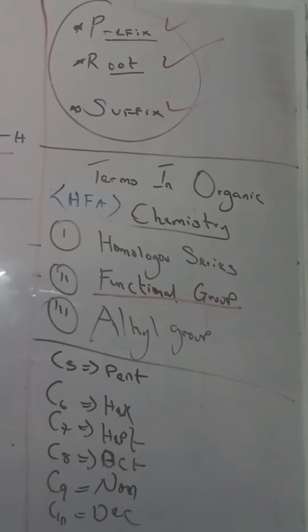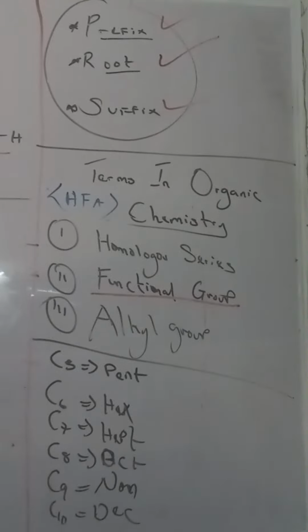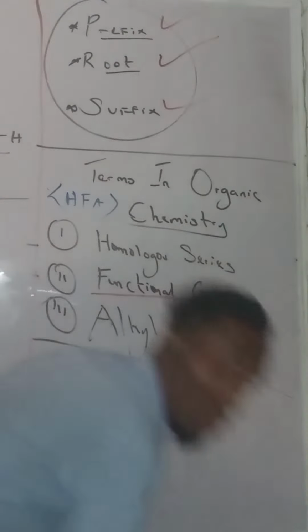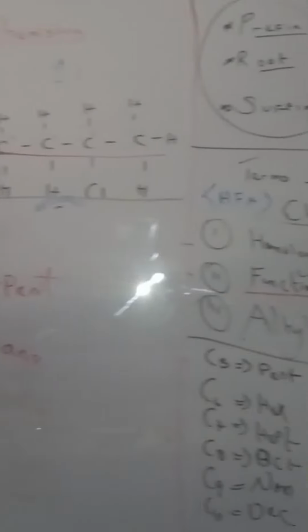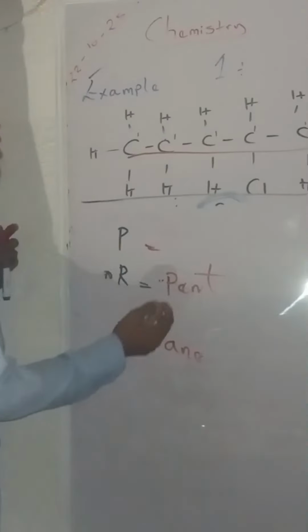P is the prefix. In this case, prefix here serves as branch. Look at the LCC here. You can have 3 types of branch.